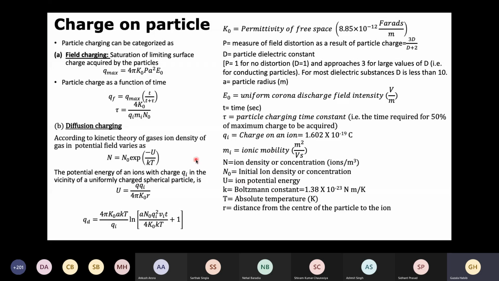Capital U and all this will come in diffusion charging.